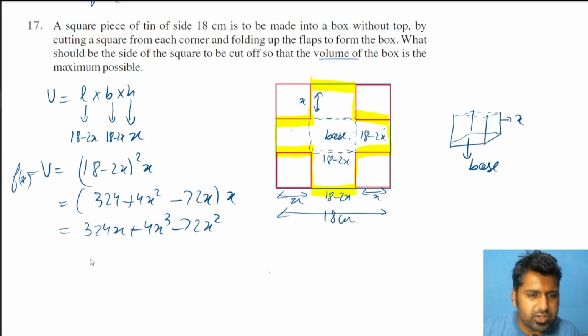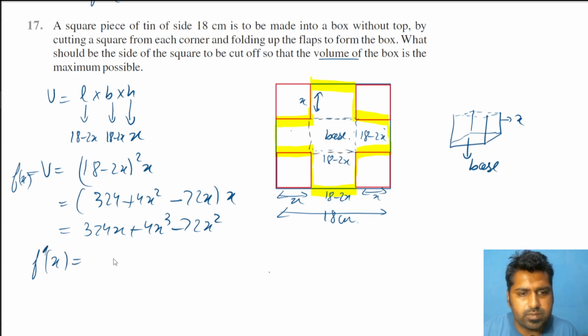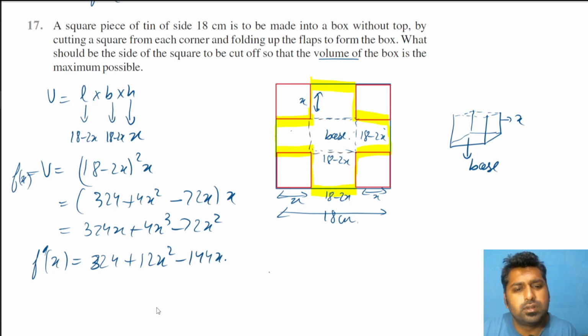Now this is a simple function. We can differentiate, f dash x. In order to maximize, we have to differentiate and set it equal to 0. So 324 plus 12x square minus 144x. We can take 12 common.